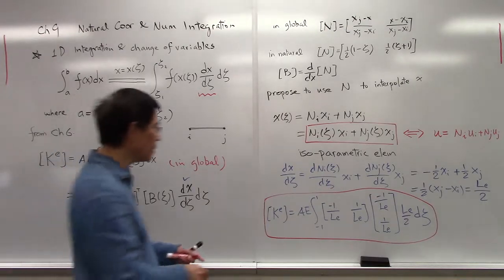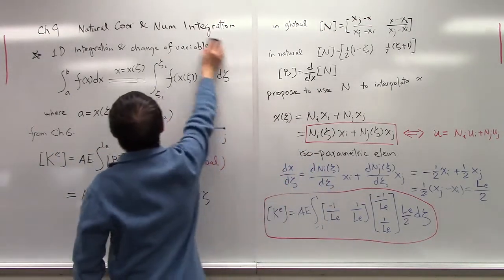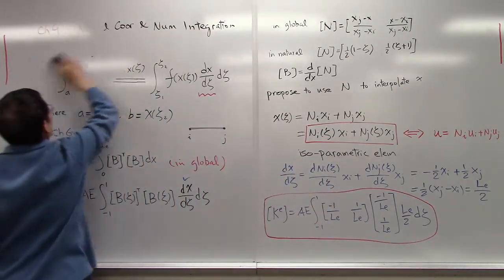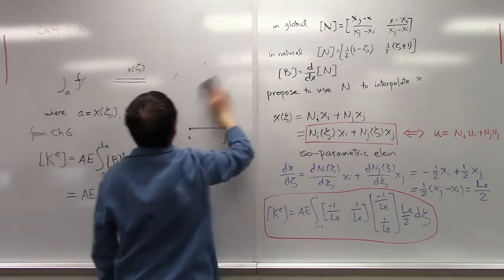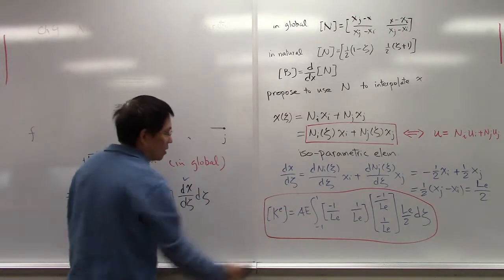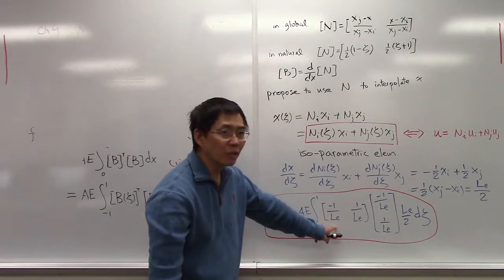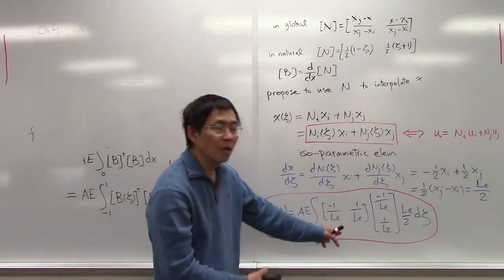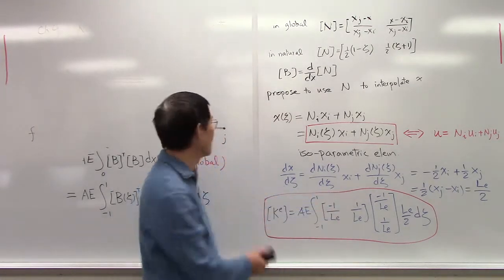Okay? And of course, this is a very simple integration to do, because the integrand is a matrix which is 2 by 2, but every element is a constant.